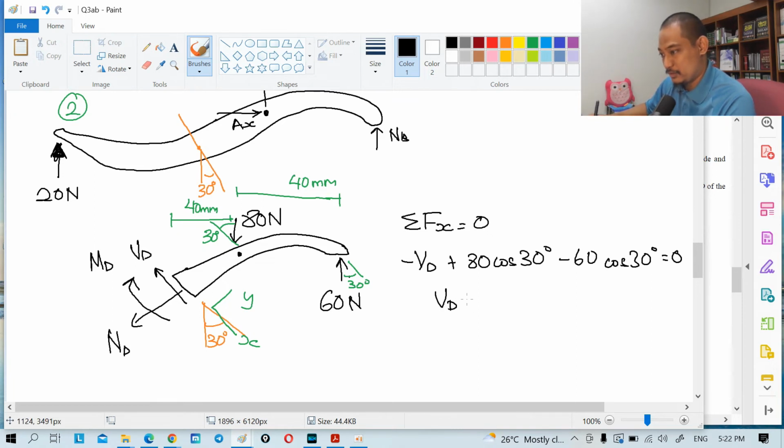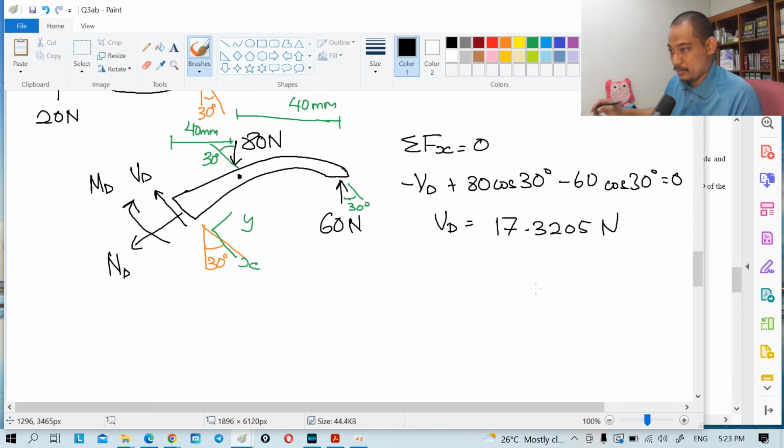So VD equal to 80 times cos 30 minus 60 times cos 30, 17.3205 Newton. It should be the same, right?